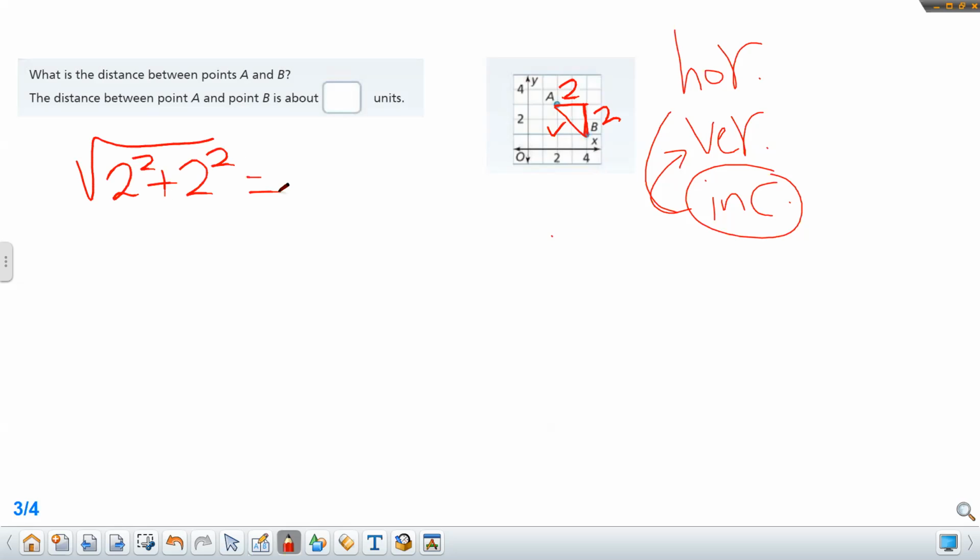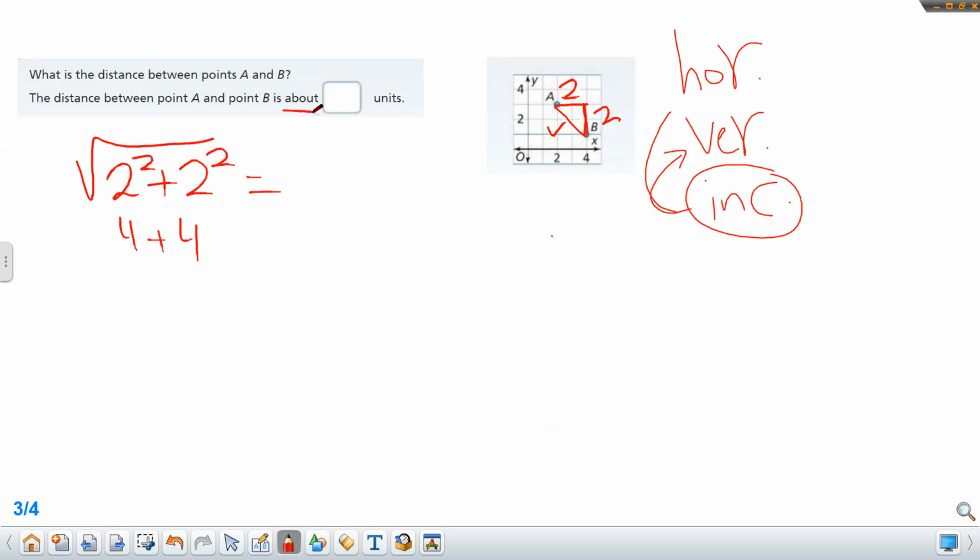It will be square root of 4 plus 4, which is square root of 8, which is about 2.8 units. So you will approximate the answer to the nearest unit.